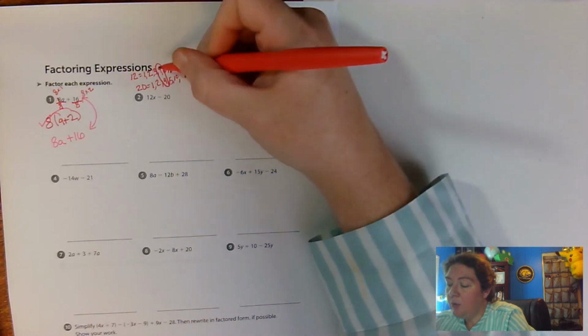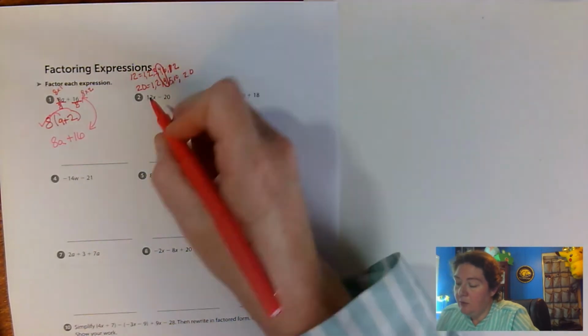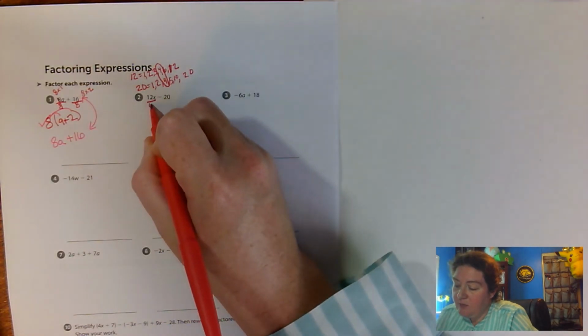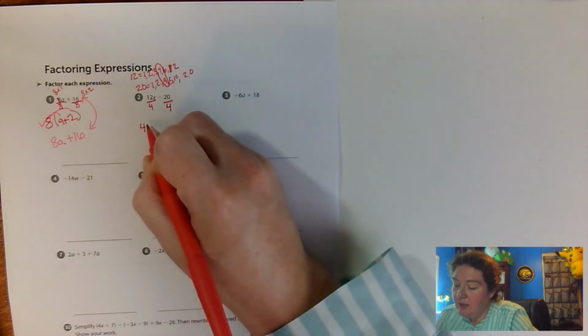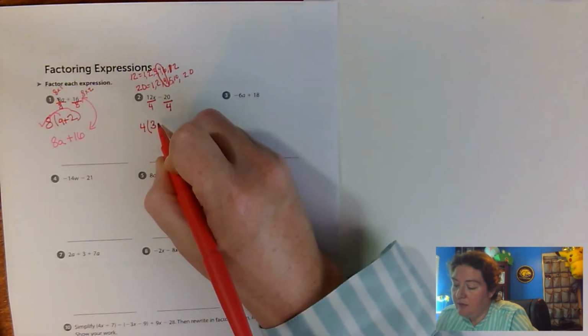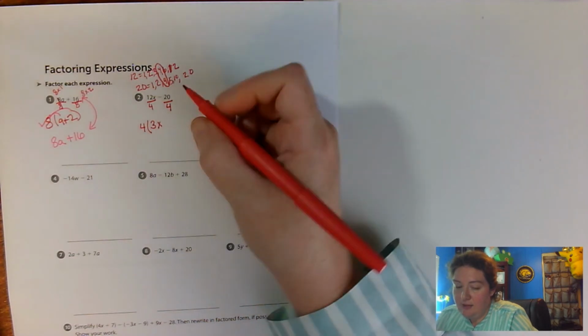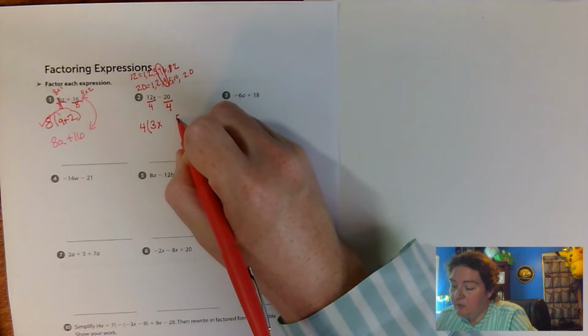So I'm going to pull a 4 out of both of these. So if I divide this by 4, I divide this by 4. I'm going to say 12 divided by 4, that'll leave me 3x. 20 divided by 4 leaves me 5.